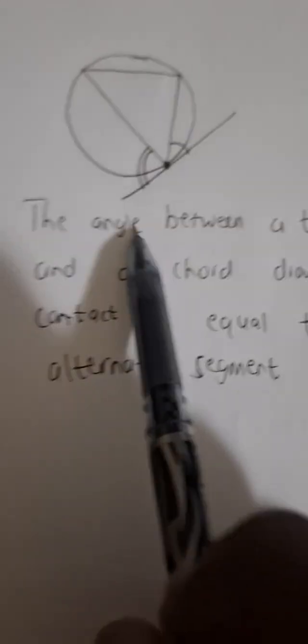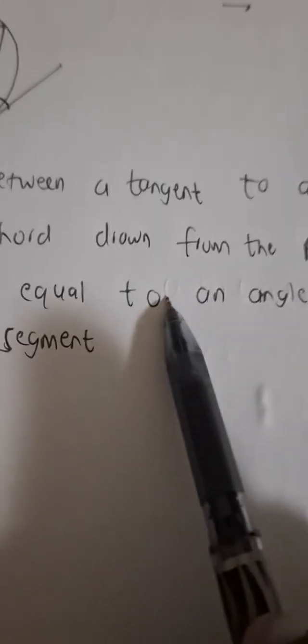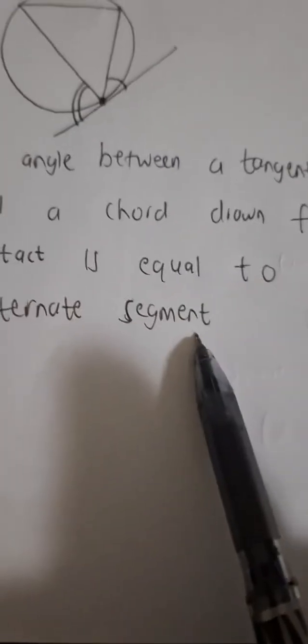So I repeat, the angle between a tangent to a circle and a chord drawn from the point of contact is equal to an angle in the alternate segment.